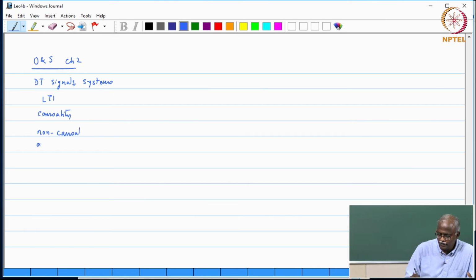Again, these are just basic definitions, but I would like you to be comfortable with that, and I would like you to look at some simple examples.